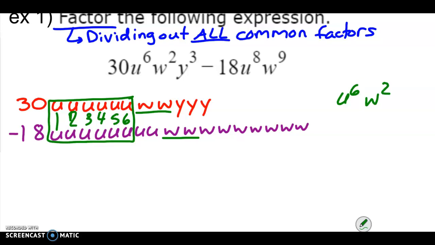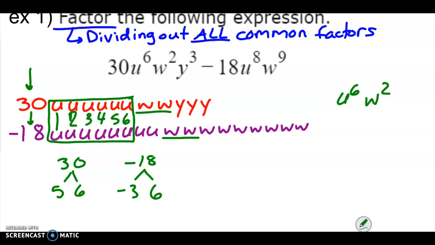And then when we look at that 30 and that negative 18, okay, what are the factors that those two have in common? Well, 30, we want to find the biggest factor they have in common. 30 can be 5 times 6. Negative 18 can be negative 3 times 6.